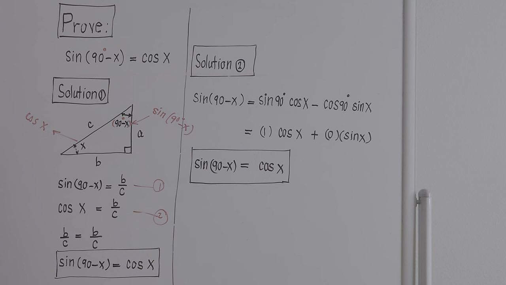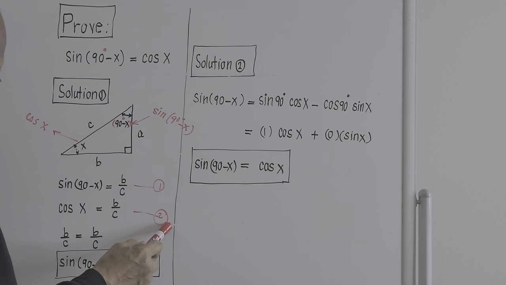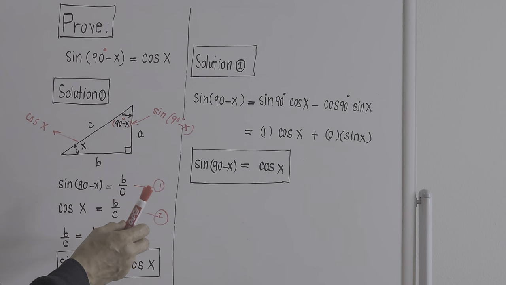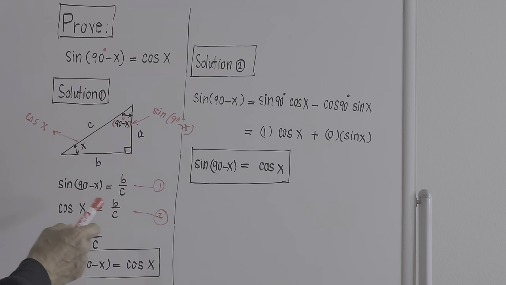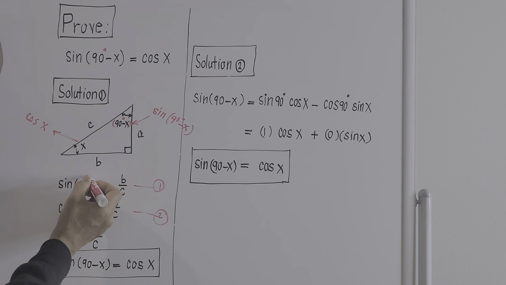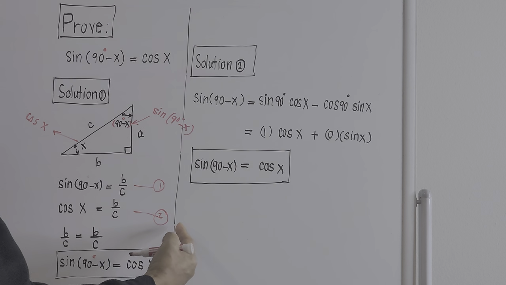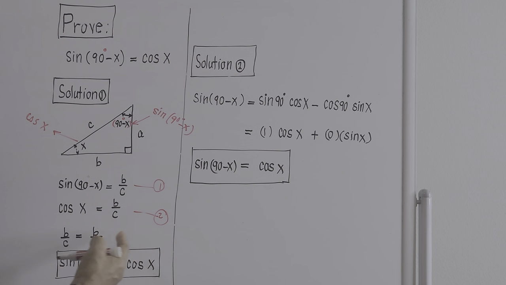We will equate b over c to b over c using equation number 1 and number 2. Using equation number 1, the ratio b over c is sine of 90 degrees minus x. This should be equal to the ratio b over c from equation number 2, which is cosine of x.